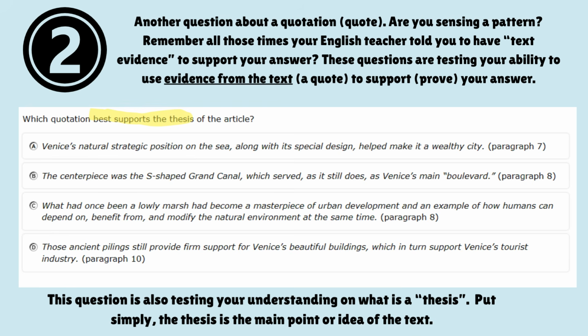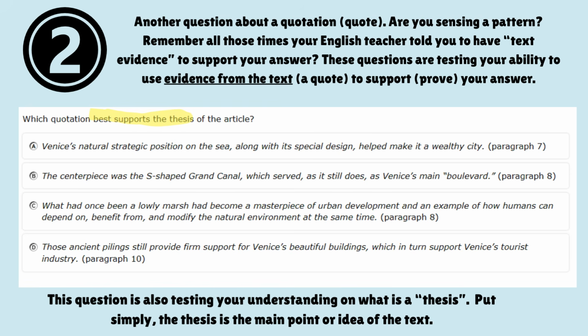So this question is not only testing your ability to understand the relationship between text evidence and the importance of text evidence. This question is also testing your understanding of what a thesis is. That's another word that you probably heard all the time in English class. And that's why we need to make sure that we know what that word means when we get to the test.